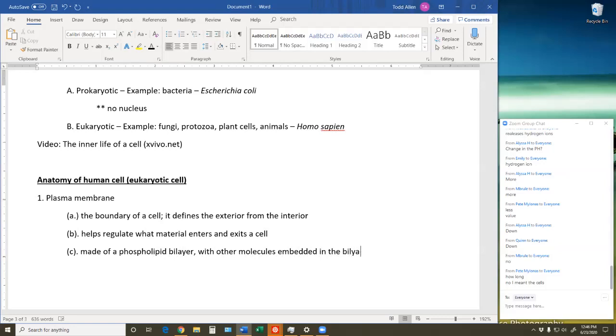If you look very carefully on page 47 of your book, figure 3.6, you will see this magnified version of the plasma membrane that I'm talking about. Okay, so we'll get to all these things along our journey together today.